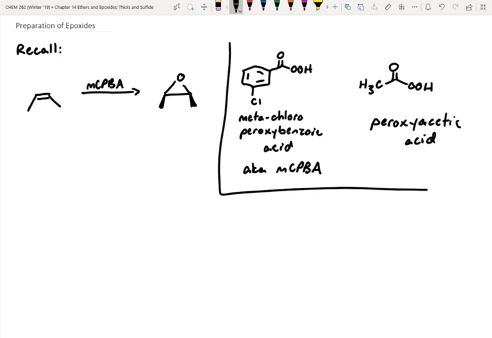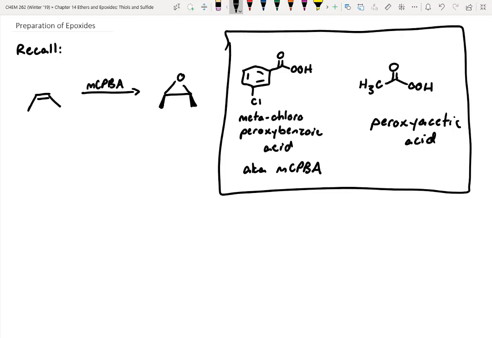Both of these can be used to accomplish the transformation whereby you convert an alkene to an epoxide, right? The main important part of this is having this peroxide oxygen-oxygen single bond. And I showed you the transition state briefly when we looked at it in chapter 9. All right, there's actually another method, though, where you can make epoxides. And this is through the halohydrin reaction.